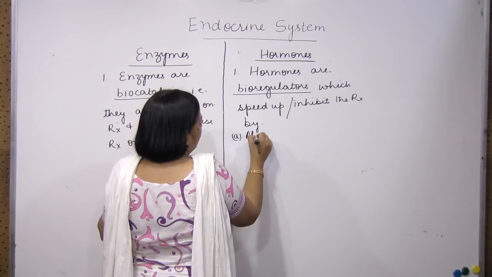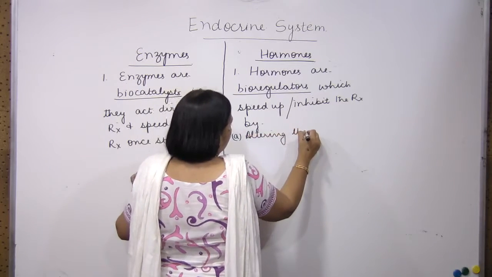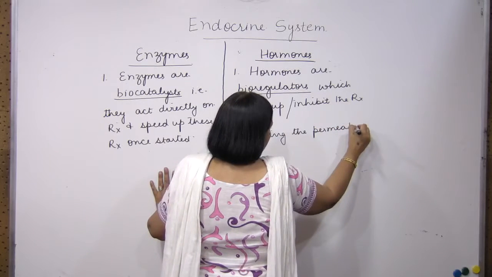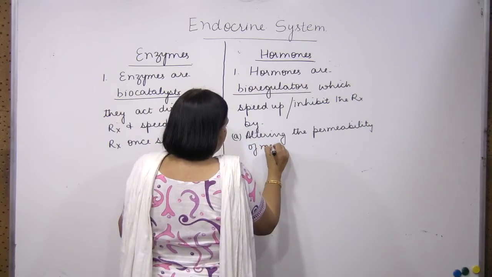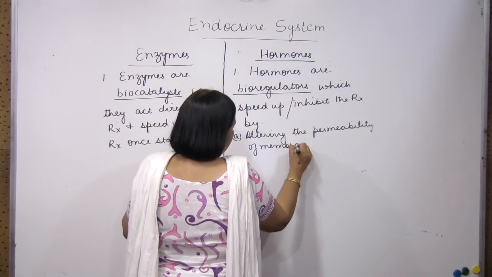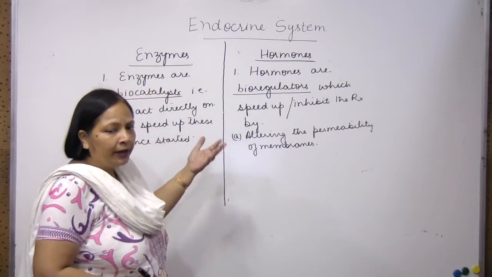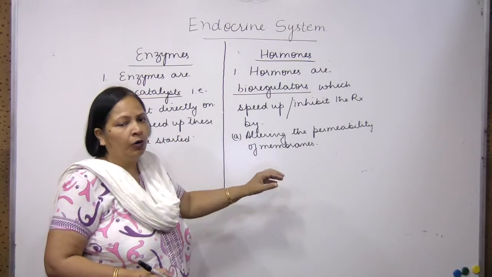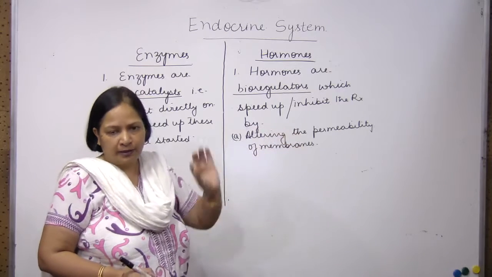They regulate reactions by altering the permeability of membranes. A membrane may be impermeable, and when a particular hormone acts on the cell, it becomes permeable to a certain substrate.